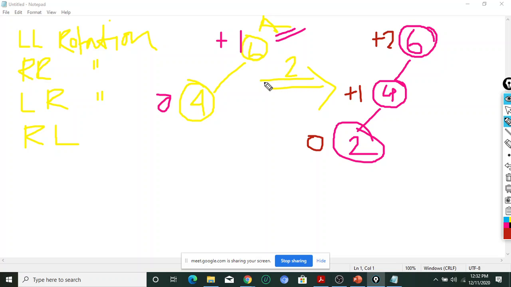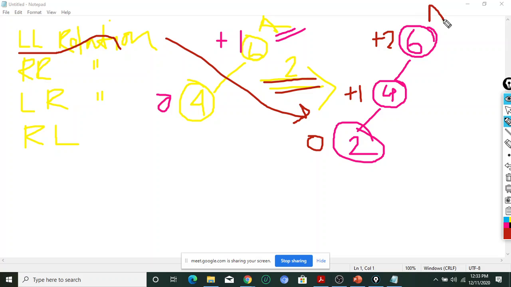So if I insert any node in the left subtree of the left of the root node, try to understand the meaning. Inserted node in the left subtree. L means, this is the picture actually. This is my root node A. So inserted node in the left subtree of node A. L means left subtree, then again left subtree.